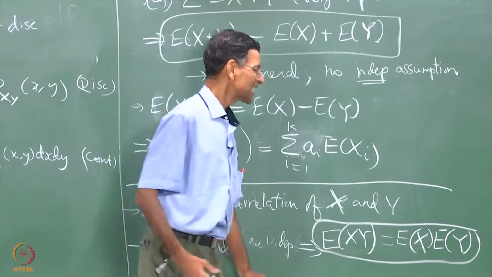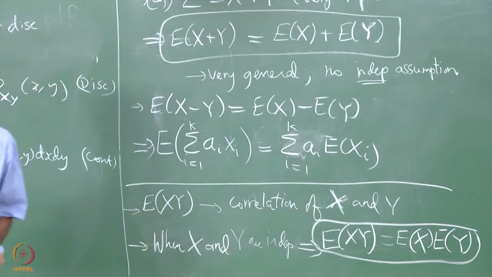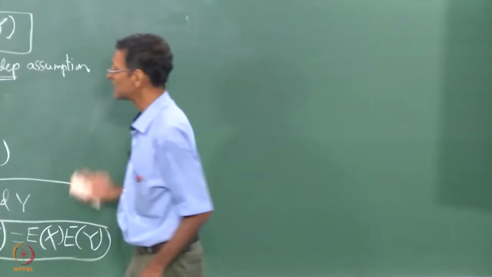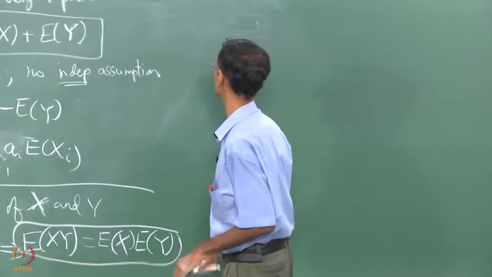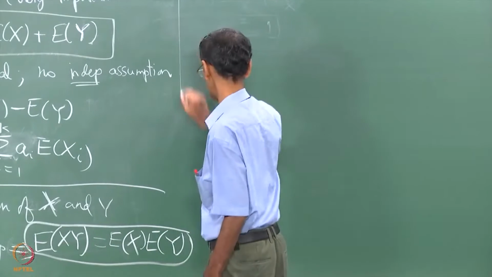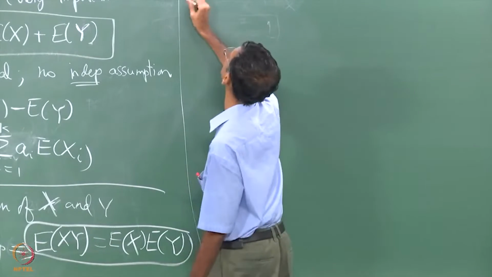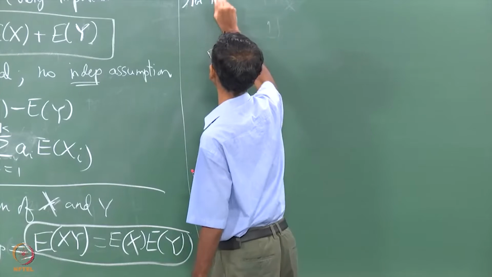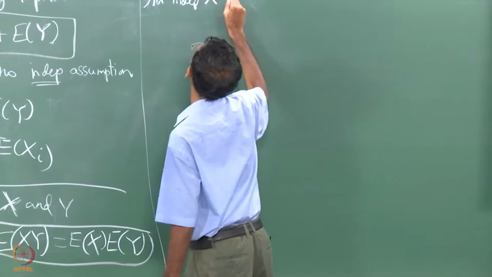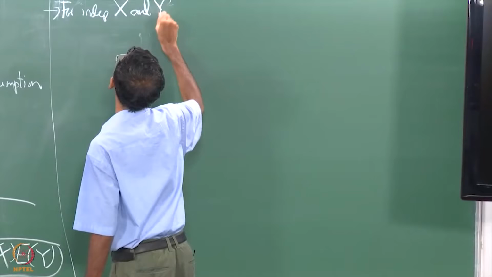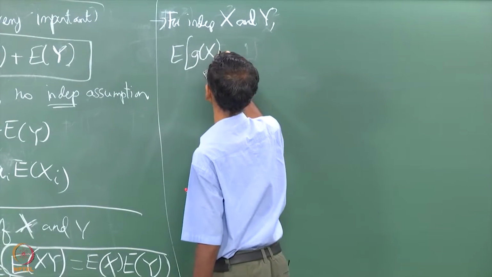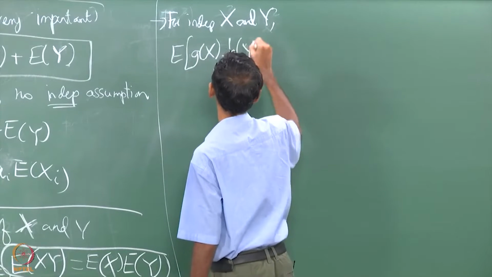But the independence case can be stretched even more. We already pointed out that if x and y are independent, g of x and h of y are also independent. So you can say one more thing. For independent x and y, what is E of g(x) multiplied by h(y)?